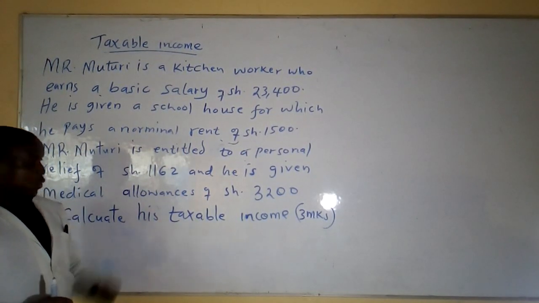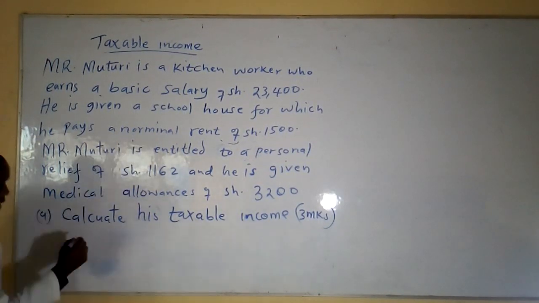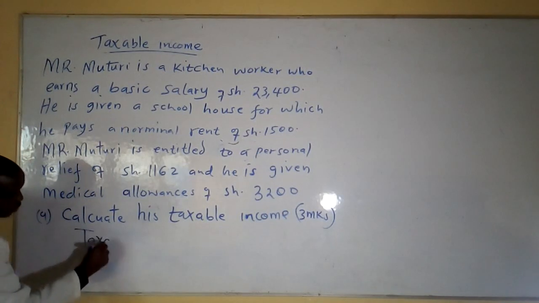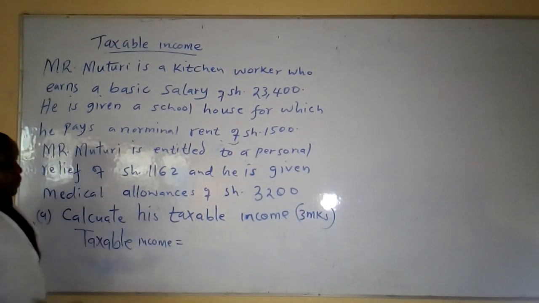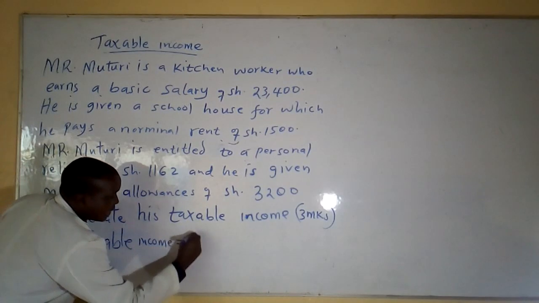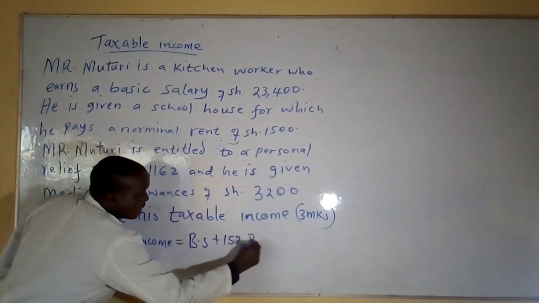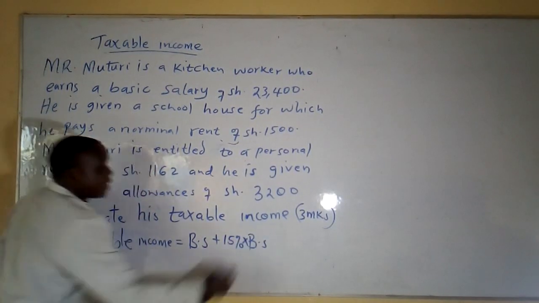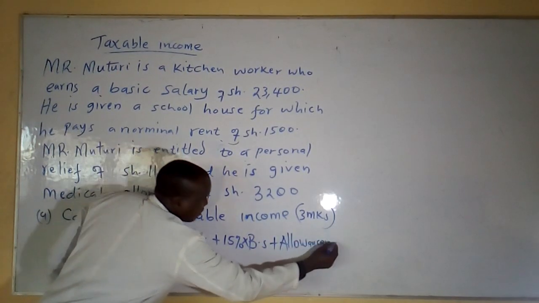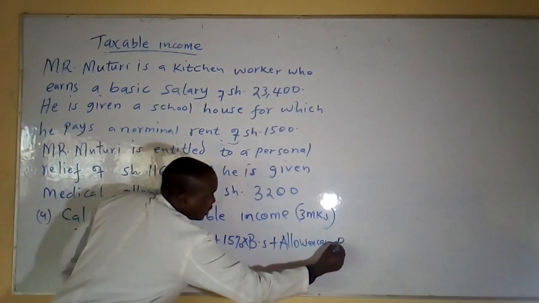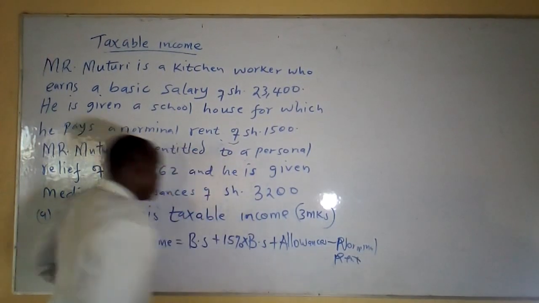Whenever you see a nominal rent, you must know that taxable income will be equal to basic salary plus 15% of basic salary, which is 15 over 100 times basic salary, plus allowances, subtract what? Nominal rent. Subtract nominal rent.